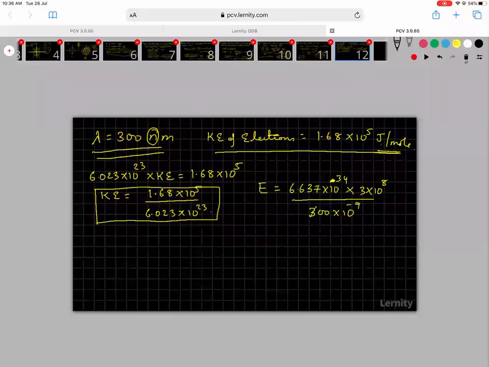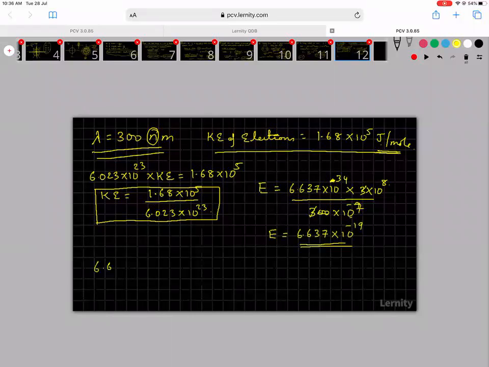So this 3 here gets cancelled. These two will make it 7. This will go up 15. So 34 minus 15 is 19. So I'll get E is equal to 6.637 into 10 power minus 19. This is the incident energy.